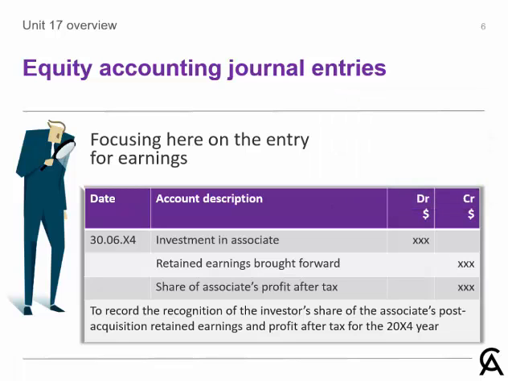So here our equity accounting entry is showing 3 years' worth of post-acquisition earnings against the opening retained earnings account, and the current year amount, our share of the associate's profit after tax for the year, comes through in that new account name that we introduce in Unit 17 when we're applying the equity method. And so the debit goes to the investment in associate account so that we're increasing the carrying amount of our investment.